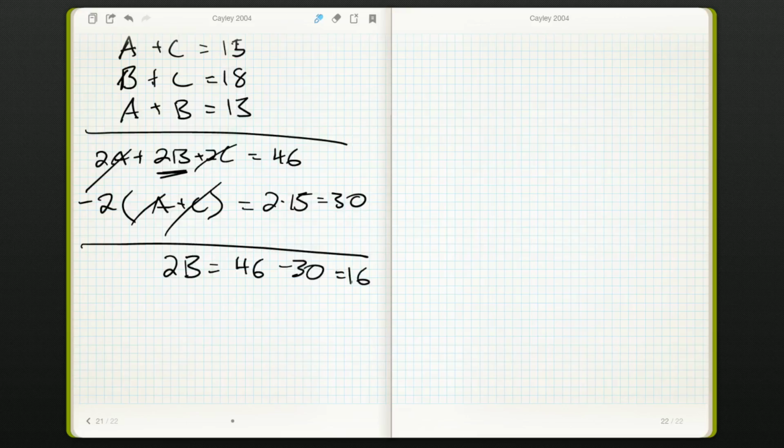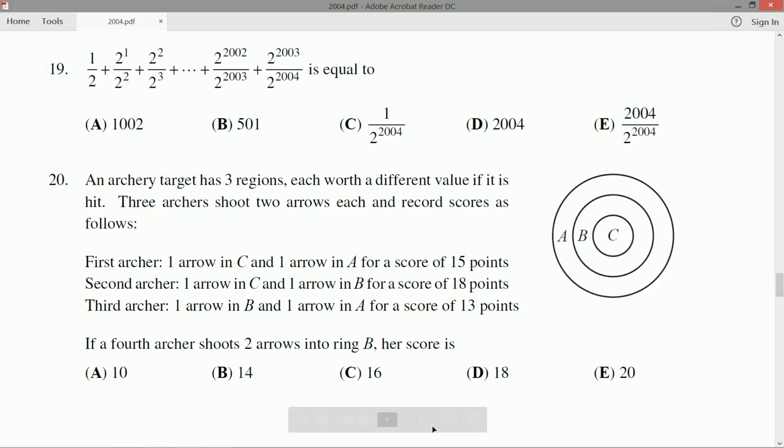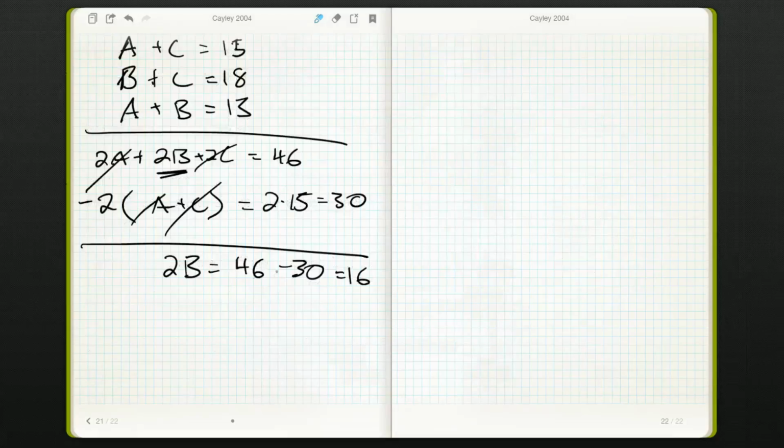So it's a little faster. We didn't have to actually work out what B is to then double it and get 2B. It was sitting right there in our big equation all along. But either way, we get 16 for her score. Okay, and there it is, 16. And we can see, this does make a little bit of sense.